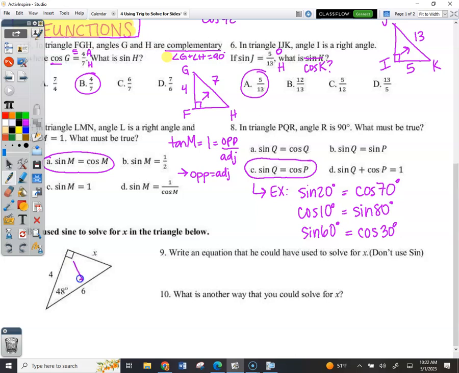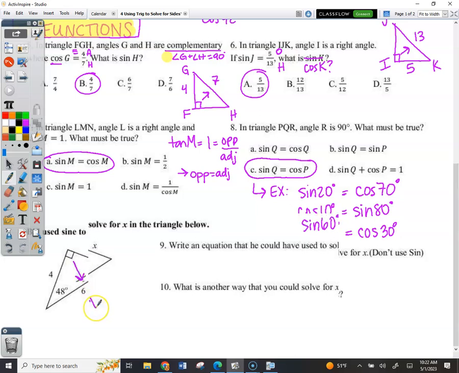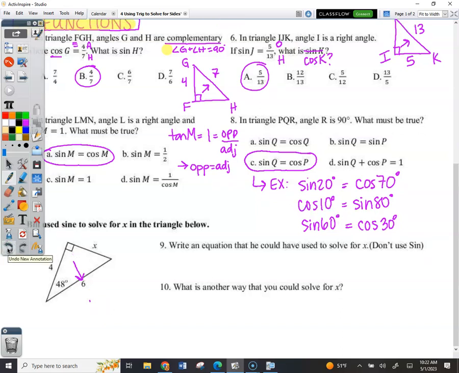Draw an arrow to the hypotenuse so that you remember where that's going to go. That goes in the c squared part, right? A squared plus b squared equals c squared.